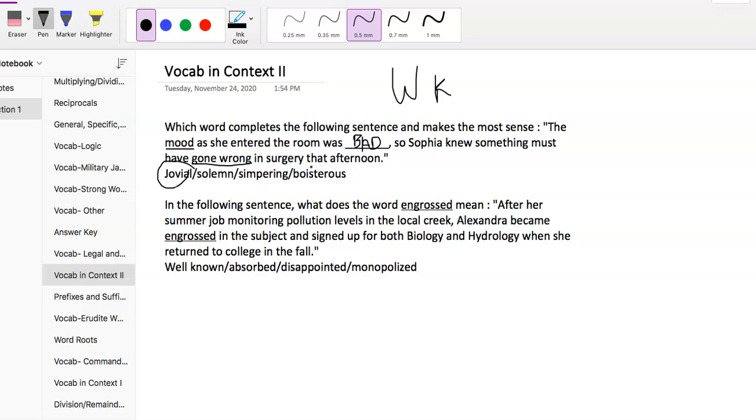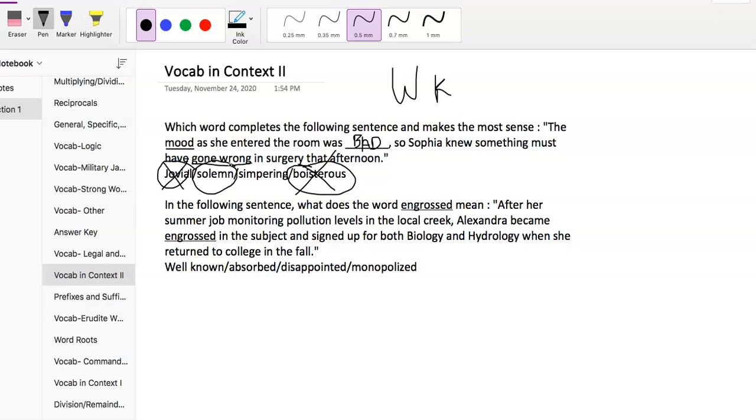Jovial and boisterous are more happy and uplifting type words, so we'll get rid of those. There's a decent chance that you're not exactly sure what simpering means, and if you also don't know what solemn means, then you just have to guess. It does end up that the actual answer is solemn.